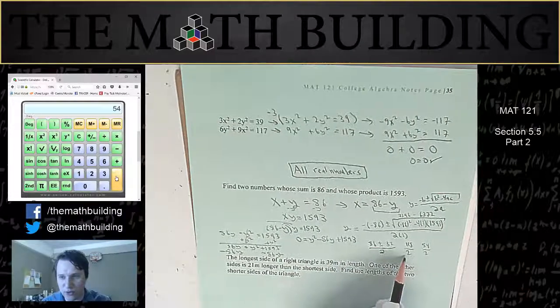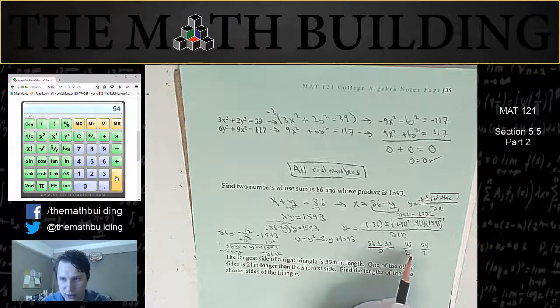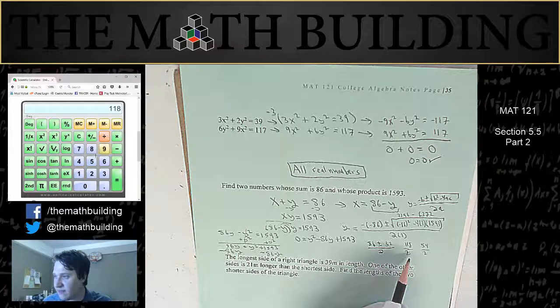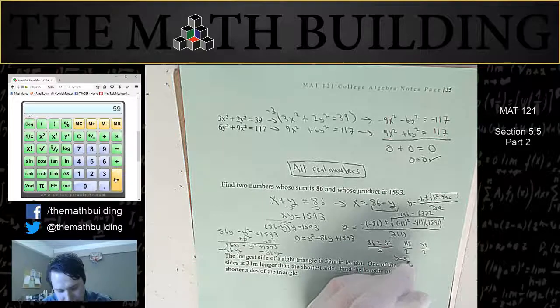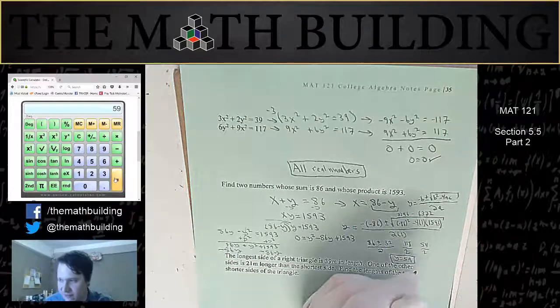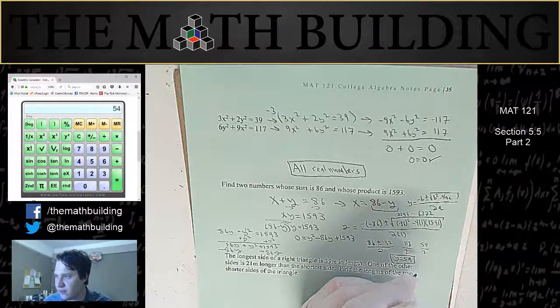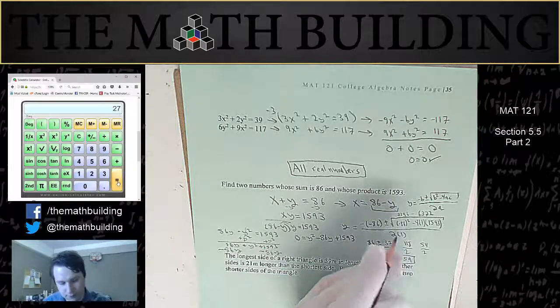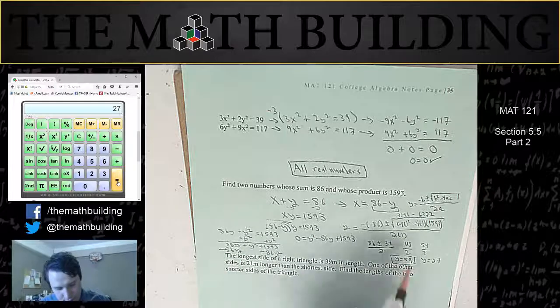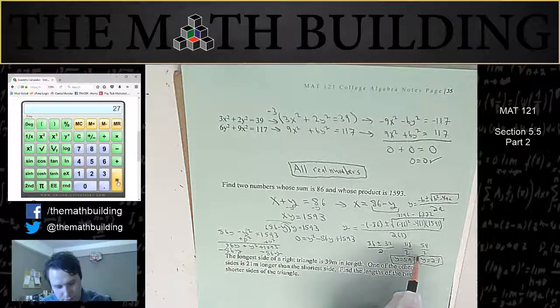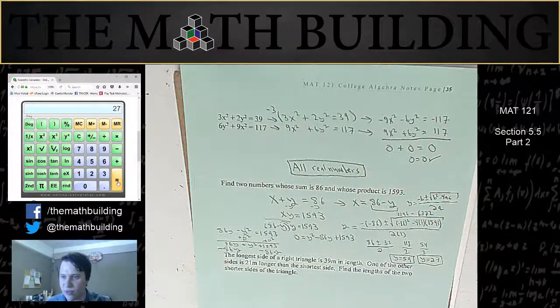So I have 118 over 2. I just added them, 118 over 2, and then I subtracted them, 54 over 2. So those are two different answers. So 118 divided by 2 is 59. And 54 divided by 2, I believe, is 27. There you go, 59 and 27.